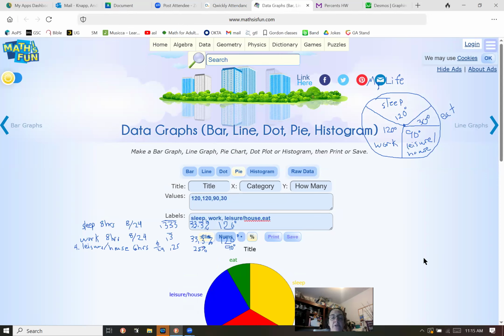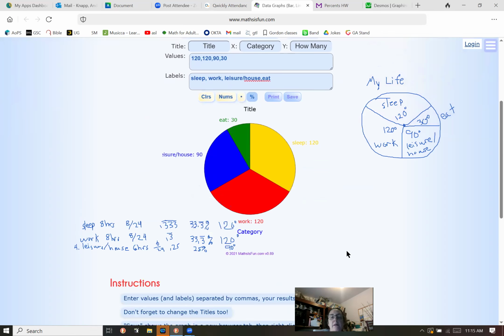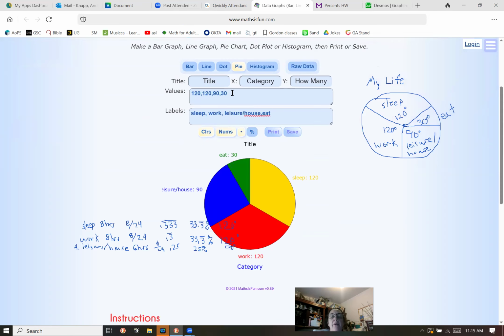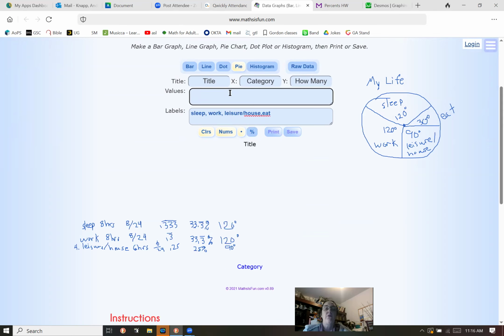You can tell it to put on the percentages, or you can tell it to put on the actual numbers, which we had put in the degrees. And so on. Okay. Now, instead of putting on the degrees, you also could have put on the hours, and it would work that way too.